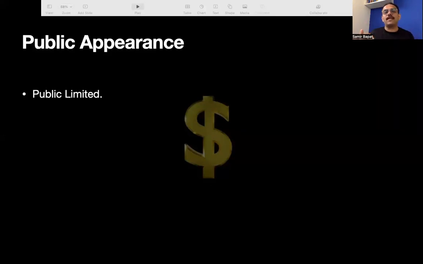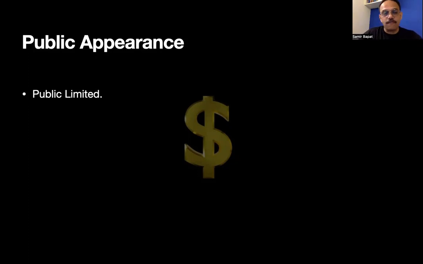Now, if they want to grow, they want to expand, they need more funding, they need to go to the public. They have to go to the public for funding. That is when the public appearance happens. That is when a public company brings in the IPO. So it is an initial public offer.